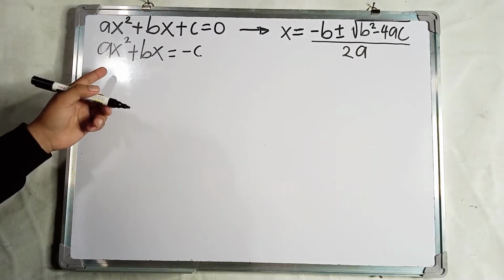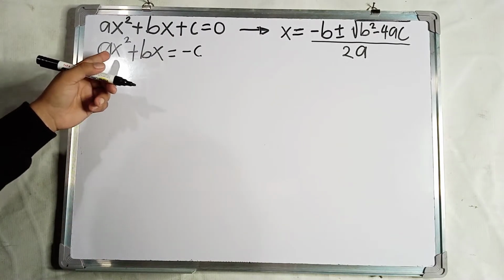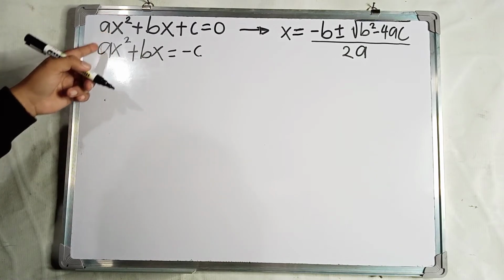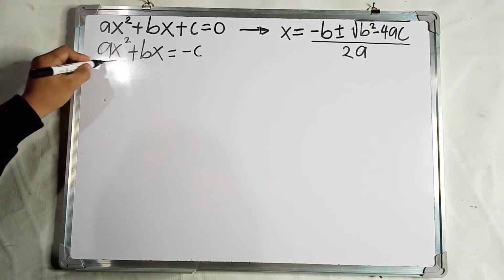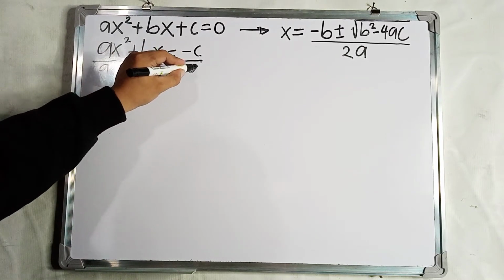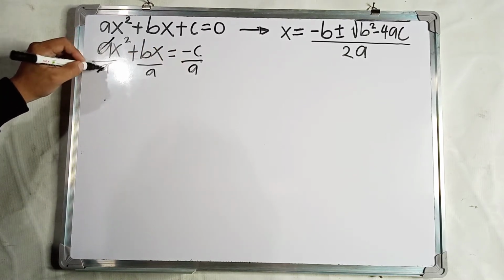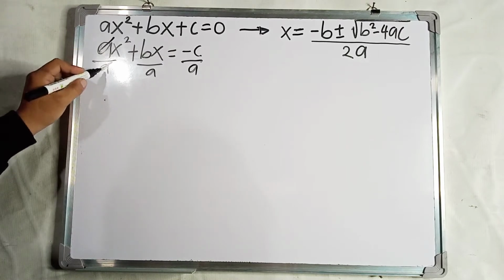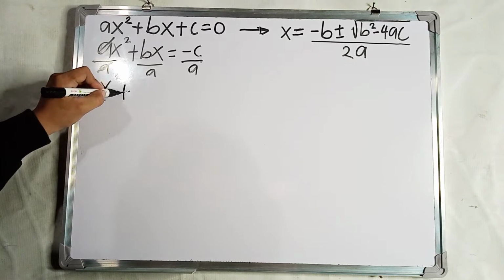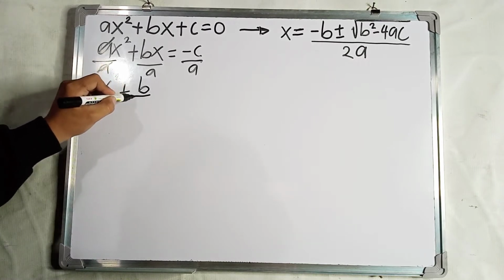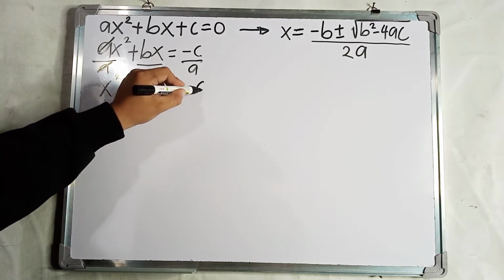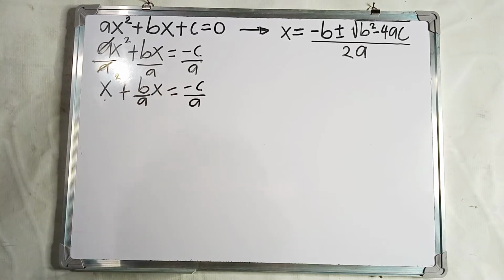And then we are going to divide both terms by a, so that the a will cancel. So this will become over a and over a. Only the a cancels. So therefore it becomes x squared plus b over a x is equal to negative c over a.